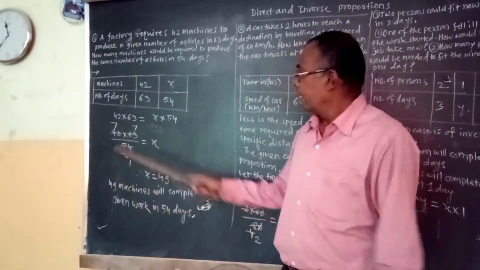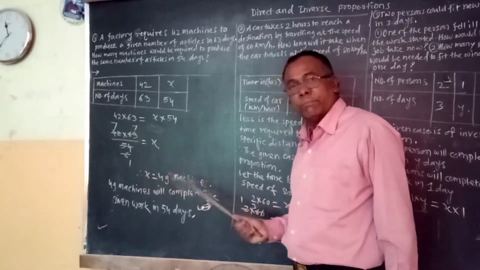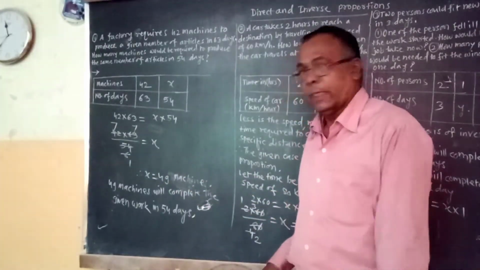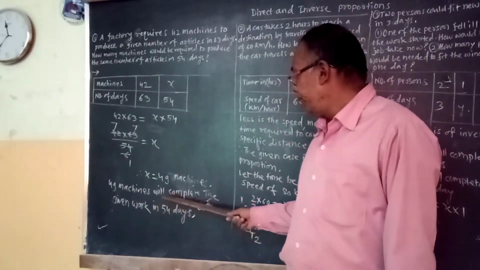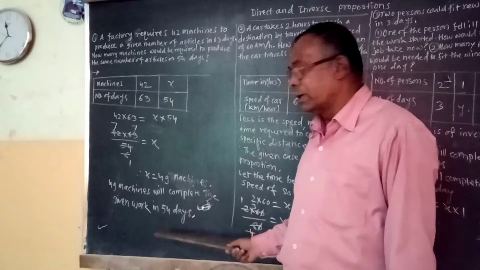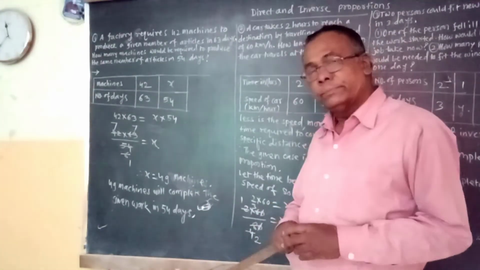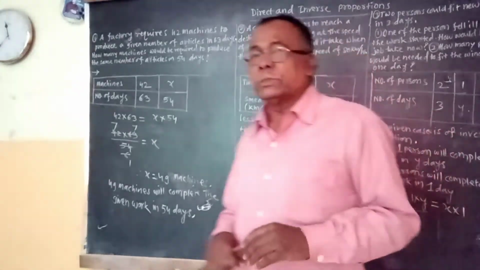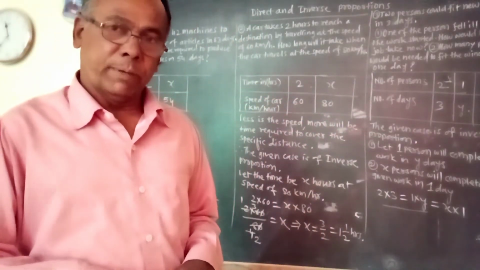And therefore 7 into 7, that is X is equal to 49 machines. And therefore 49 machines will complete the given work in 54 days. So that was the answer of our first example.